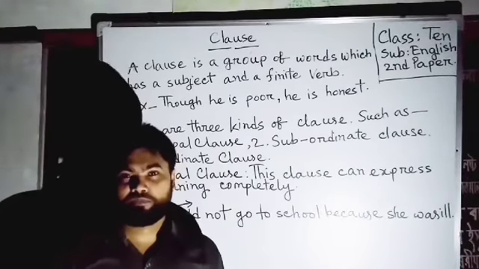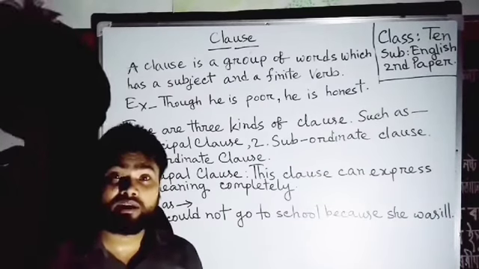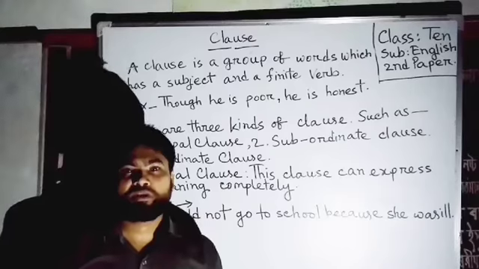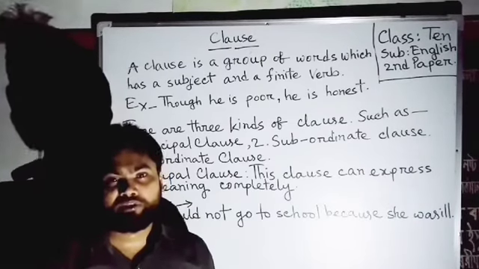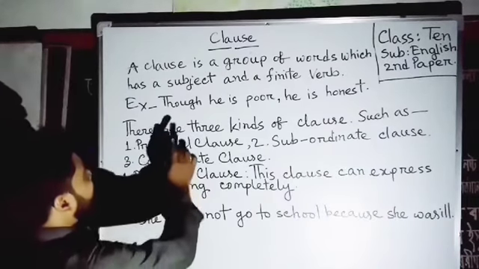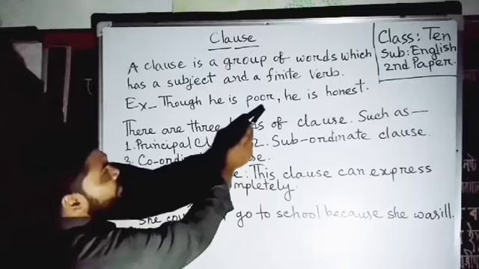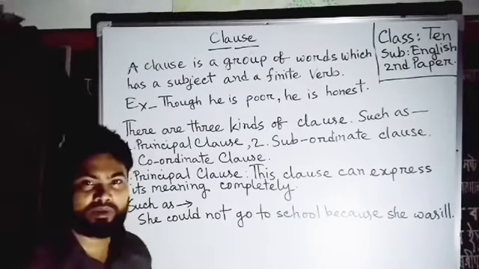What is a clause? Dear student, a clause is a group of words which has a subject and a finite verb. Such as you can see, though he is poor, he is honest.